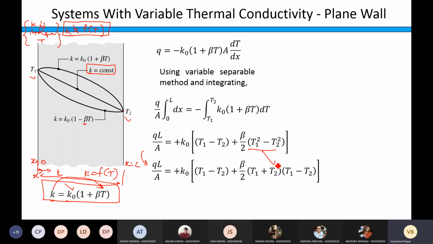This bracket is just expanded here, nothing big. Then there are some adjustments like this. QL by A is K naught into T1 minus T2, taken as common from these two terms. What remains inside the bracket is 1 plus beta by 2, or beta into T1 plus T2 by 2, right?